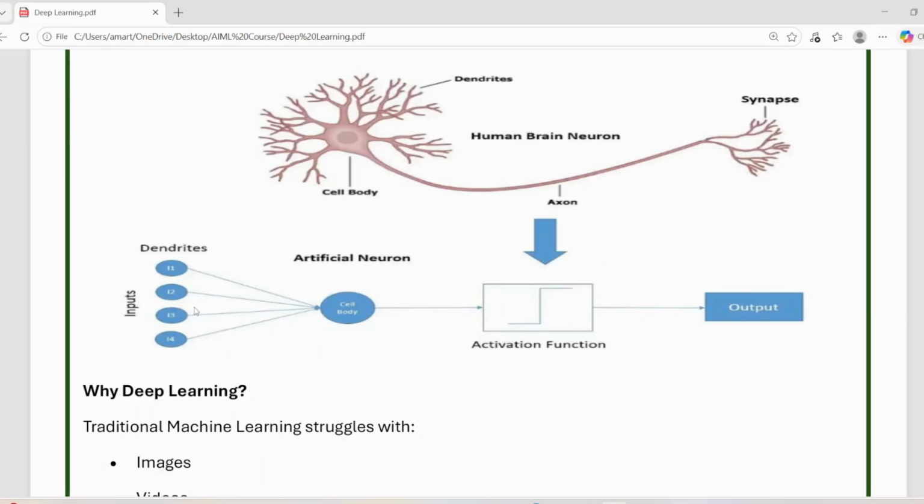Now, what is weight and bias? Weight is nothing but it tells you the importance of that input for our model. Suppose I1, how important is my I1 for my model?